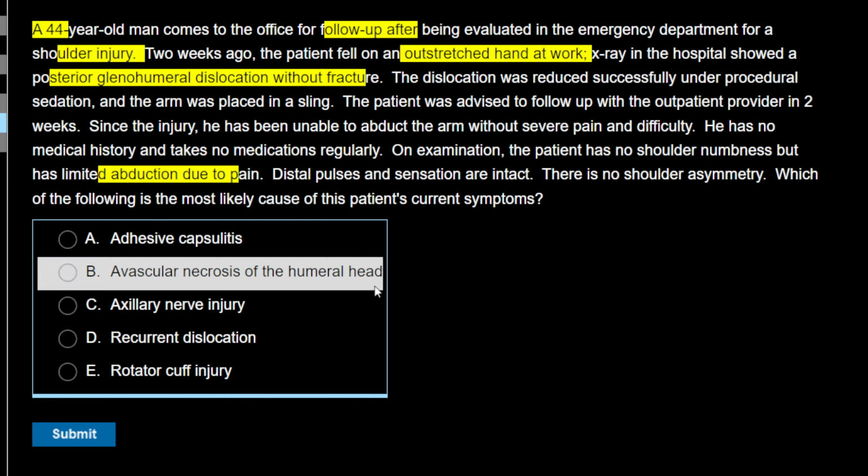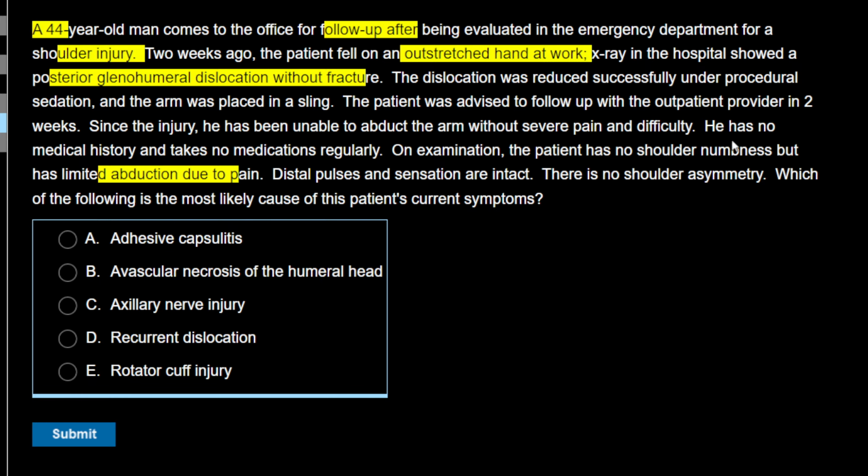Just remember, for educational purposes, abduction, when you see a B and a D, means you open your arms out. This is pointing out. So when you see abduction, that means open.